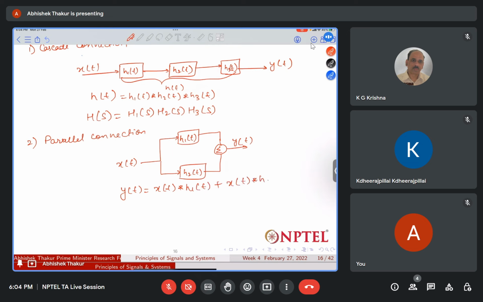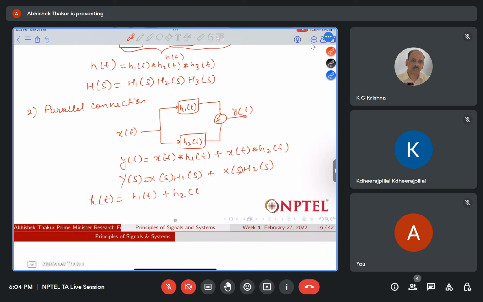We can directly write Y(s) is equal to X(s) H1(s) plus X(s) H2(s). So in this case, h(t) is equal to h1(t) plus h2(t). Simply, we write H(s) is equal to H1(s) plus H2(s).